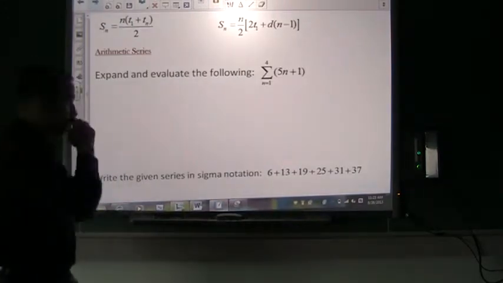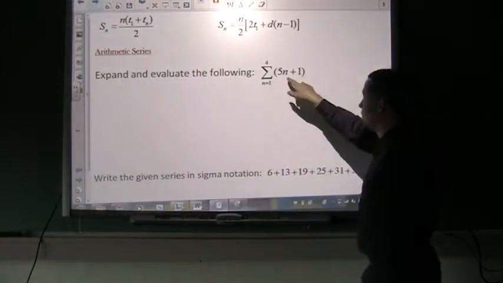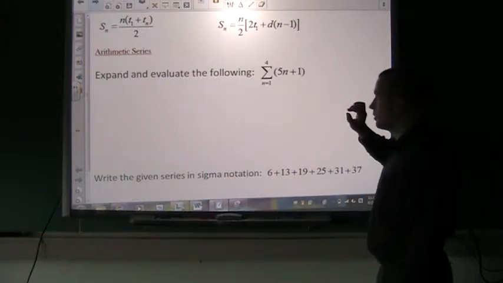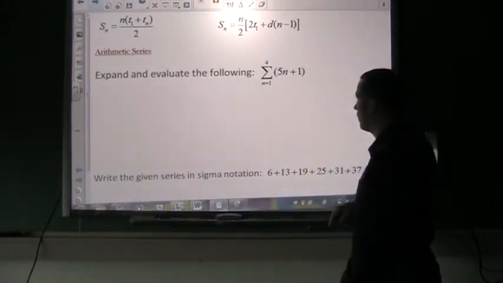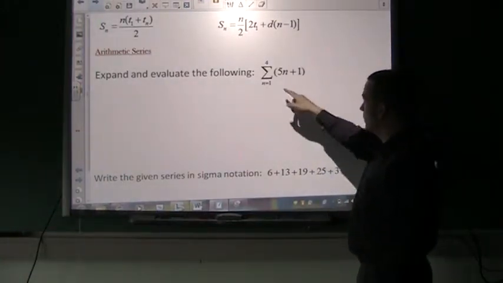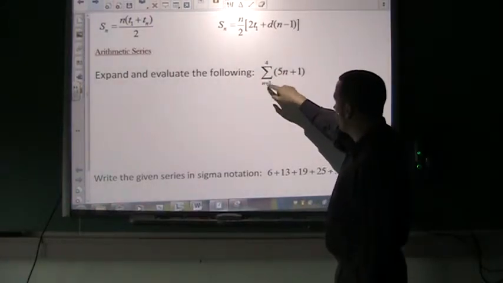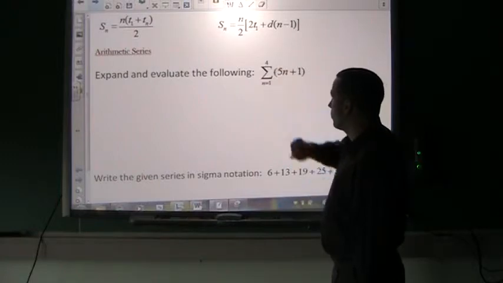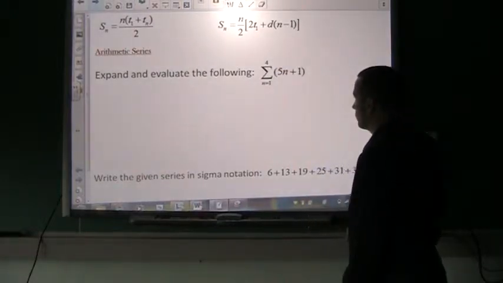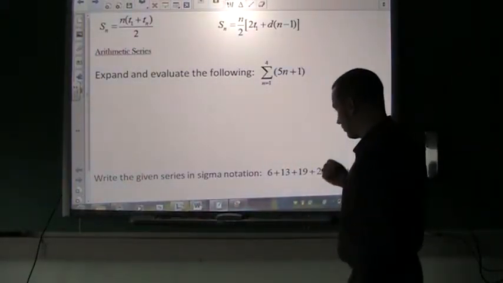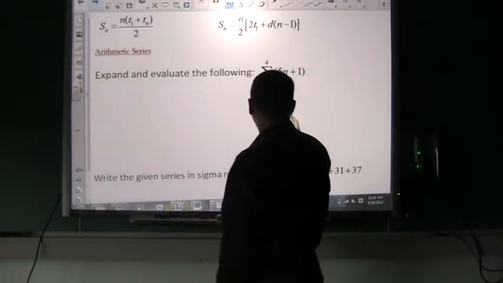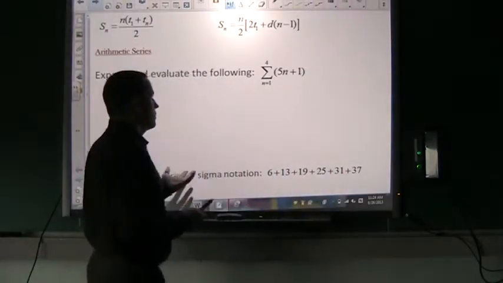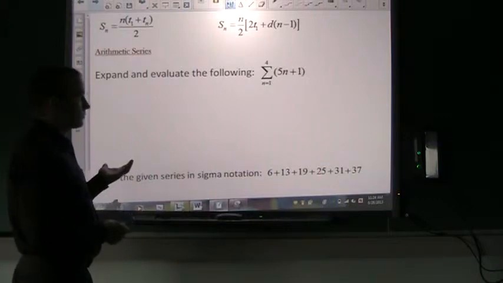And that would enable me to find any term that I want. So if you look here, I've got a general formula. It's just not written the way we're used to. 5n plus 1. And what this is saying, this is the sigma, right? And it's saying I want to add the first term through to the fourth term. So, it's saying it wants you to expand that.